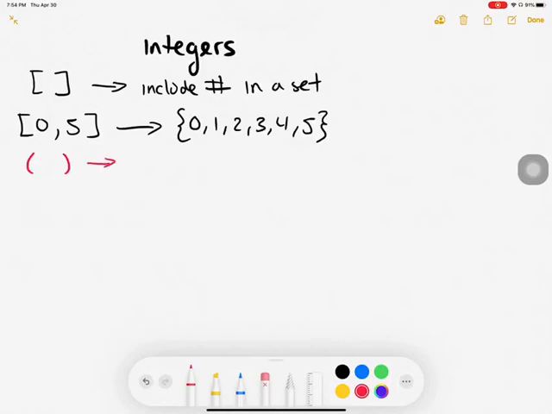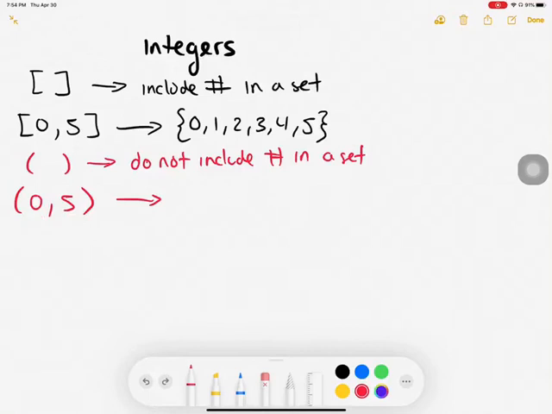So in set notation or interval notation, or in graphs when defining domains and ranges, the parentheses mean do not include the numbers in the set. So this is kind of the opposite of the brackets. For example, if I have the same set of numbers from 0 to 5, in this case, what's going to be different is that neither 0 nor 5 are going to be part of the set.